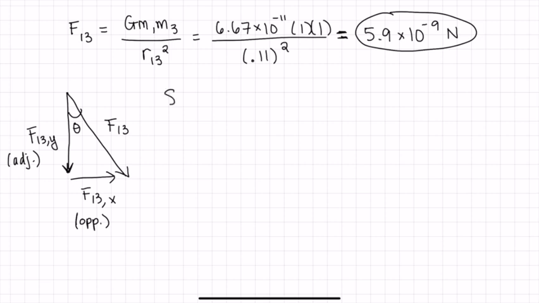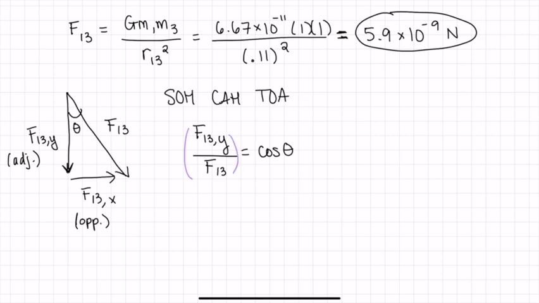So let's see. So we've got our SOHCAHTOA. I'll do y first. So y is adjacent. So we have adjacent over hypotenuse is going to be equal to cosine theta. So we can multiply both sides by that hypotenuse to get it out of the denominator, and we'll get that y component by itself.